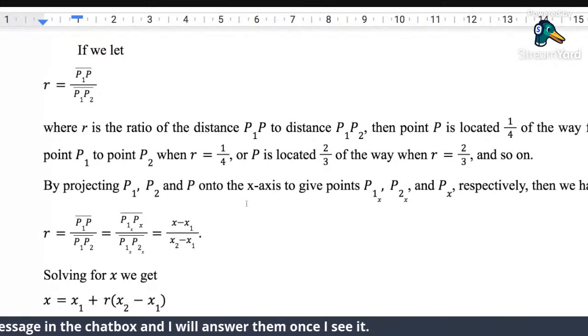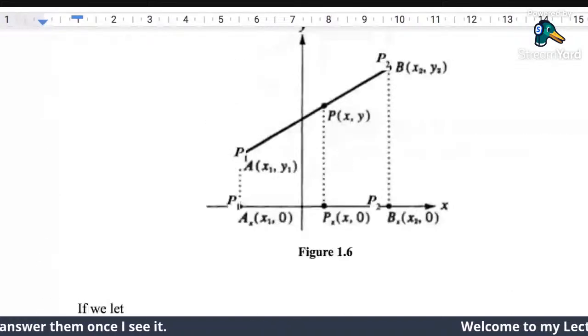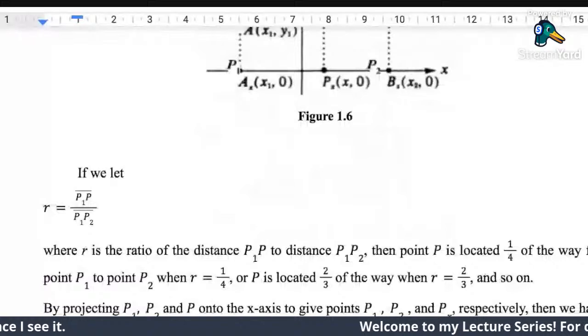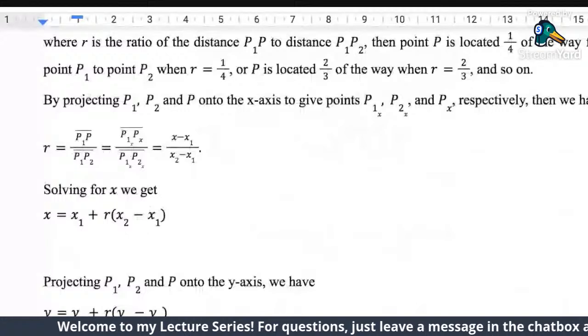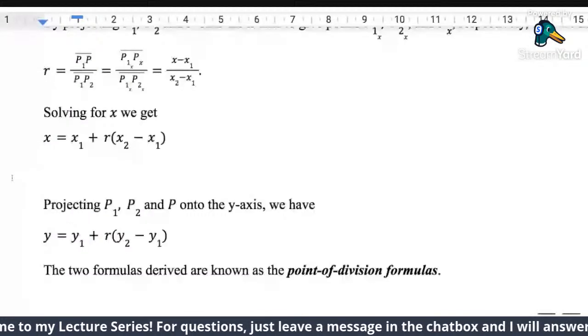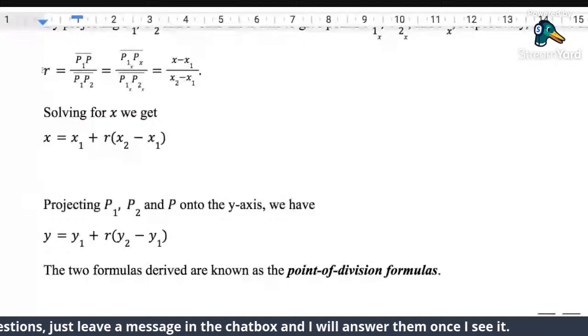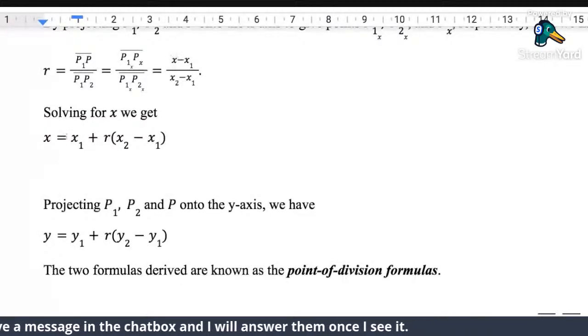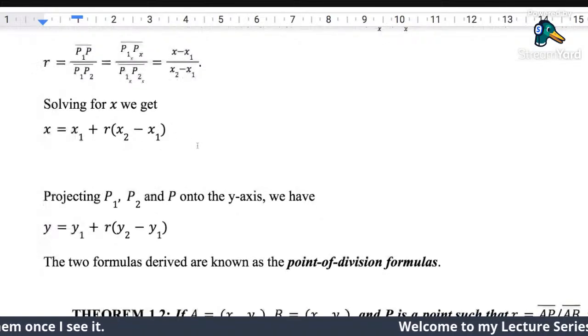Okay, it's of course given in the points. Okay, so solving for x, we get x is equal to x sub 1 plus the ratio r times the quantity x sub 2 minus x sub 1.